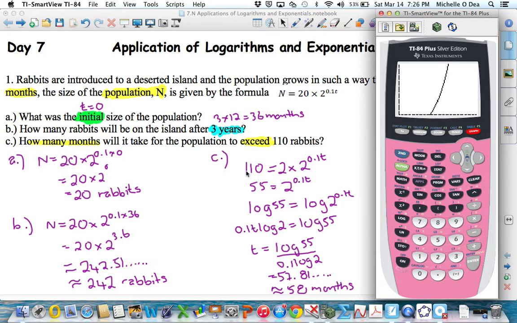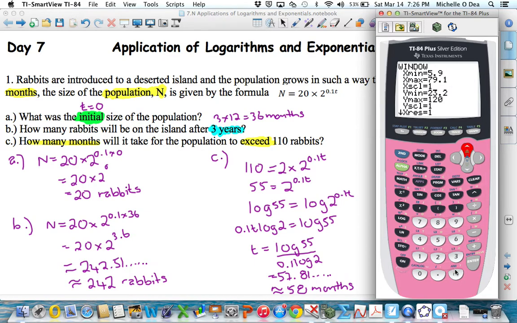Particularly here, we can't see y equals 110. So probably my window's not big enough. So if I go to my window, I want my y to be able to at least show 110. So if I go to my y max, we can see it's 76.8. So I need that to be bigger. So what I might do is we'll do, say, 120.